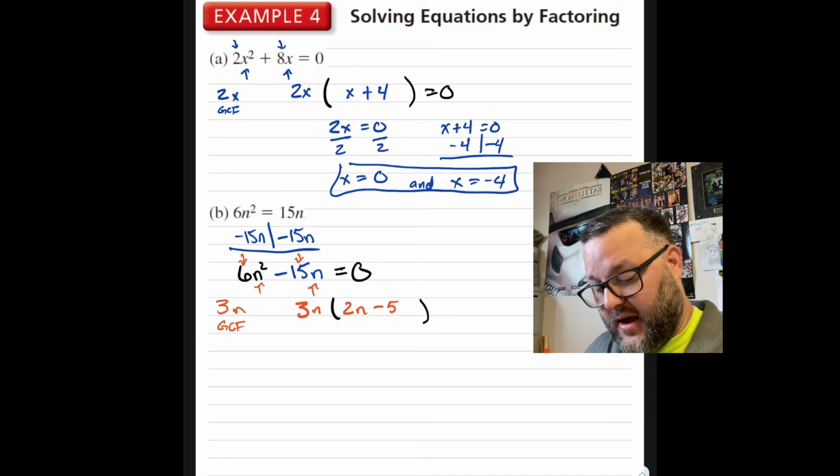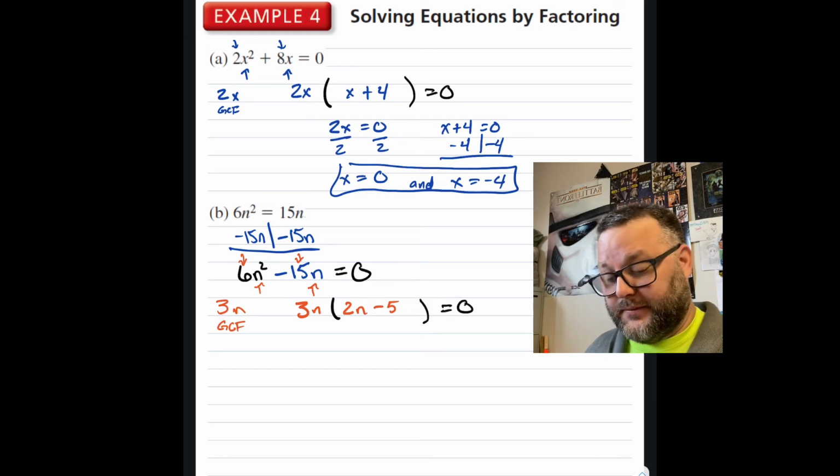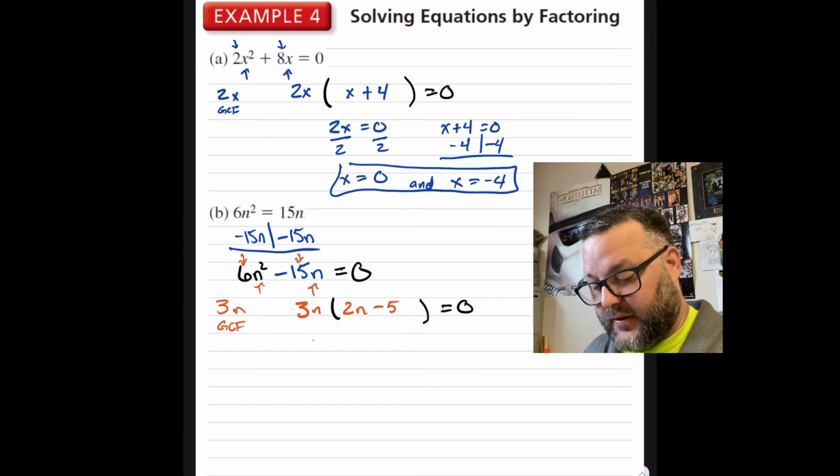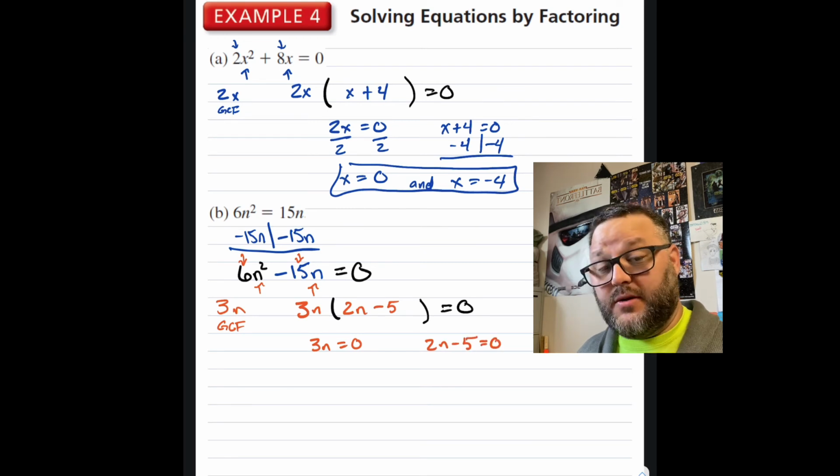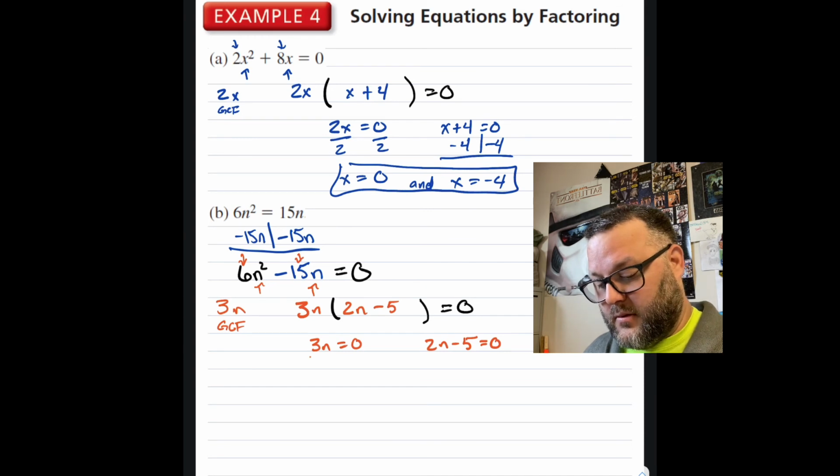So now I have all of this set equal to 0 still. So that tells me I'm solving 3n equals 0 and 2n minus 5 equals 0. When I do this, I'm going to come up with my answers for n. Divide by 3. 0 divided by anything is 0.